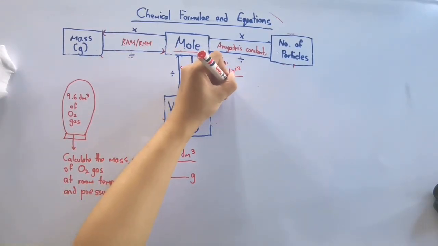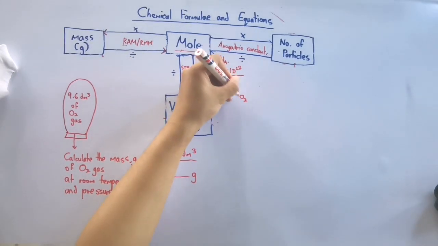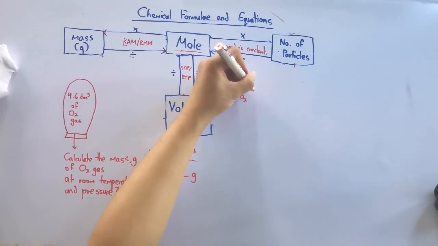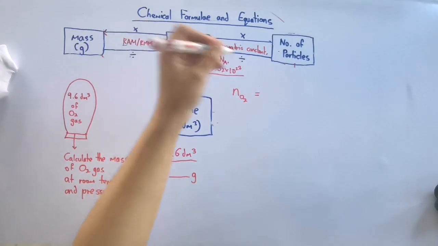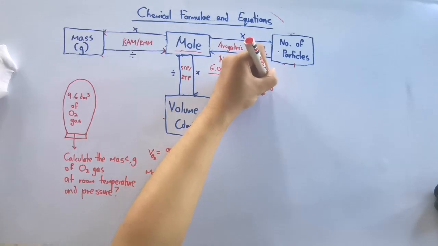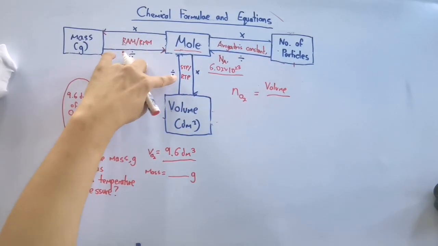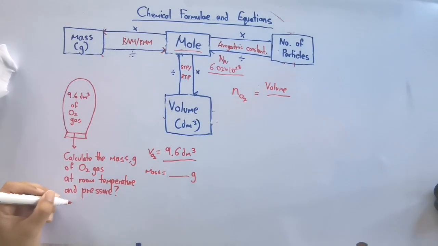To get the number of mole of oxygen, N is the symbol for mole. So N oxygen, the number of mole, equals the volume divided by either STP or RTP.